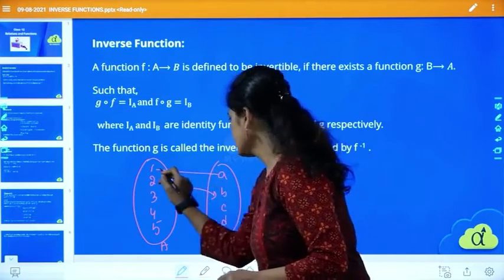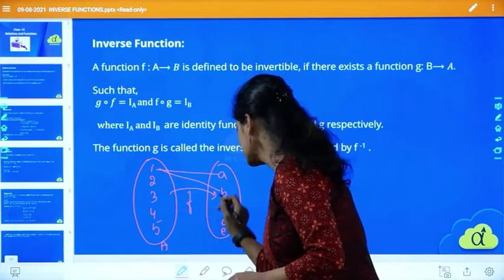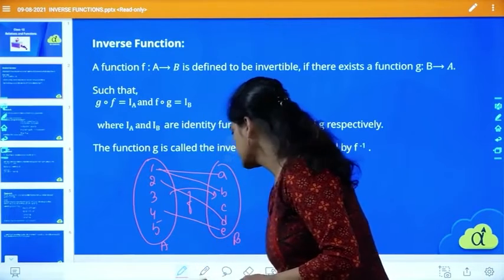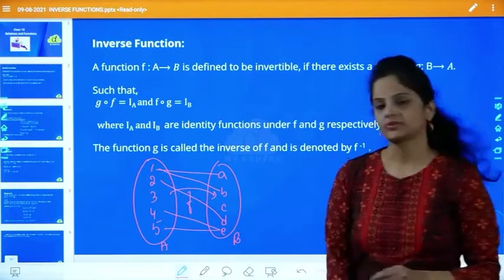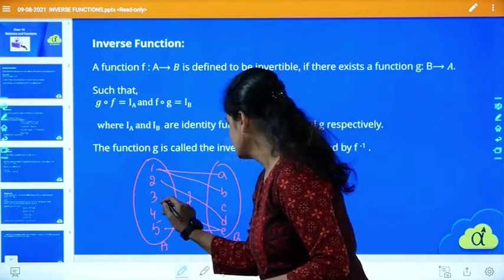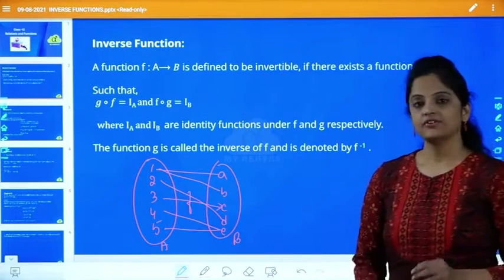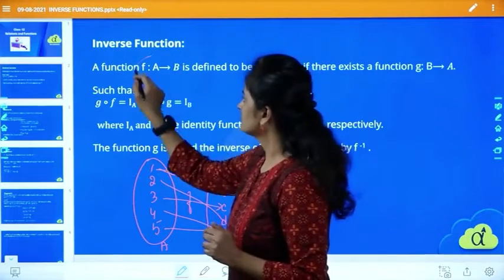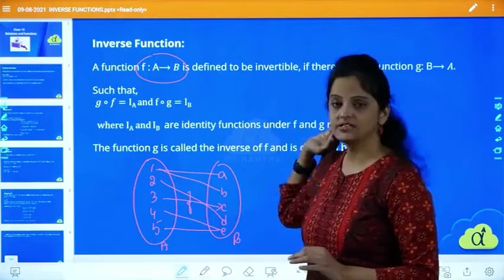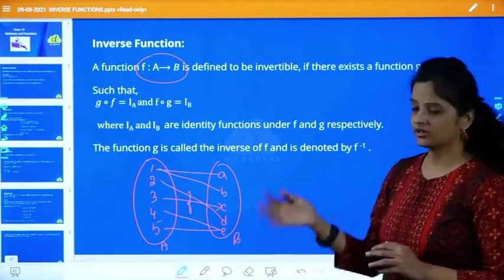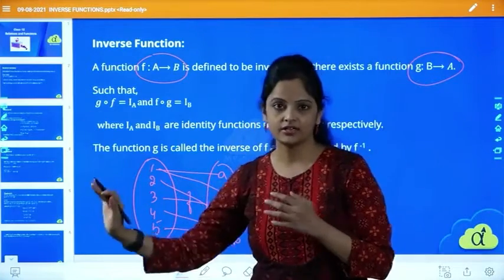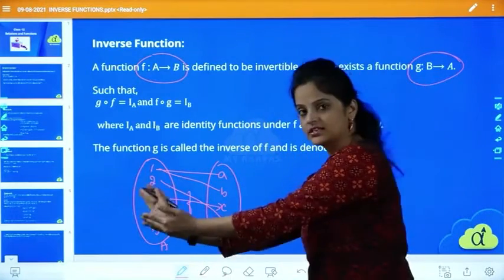Suppose this is a function you have taken. If I am taking the function from A to B, that is just a function I am describing from A to B. If it is invertible, if the inverse exists, then it has to be from B to A. The other way we are discussing. From this set to the other set it has to be.